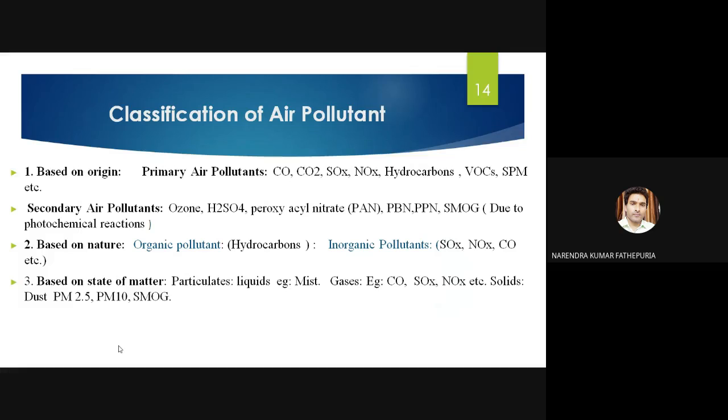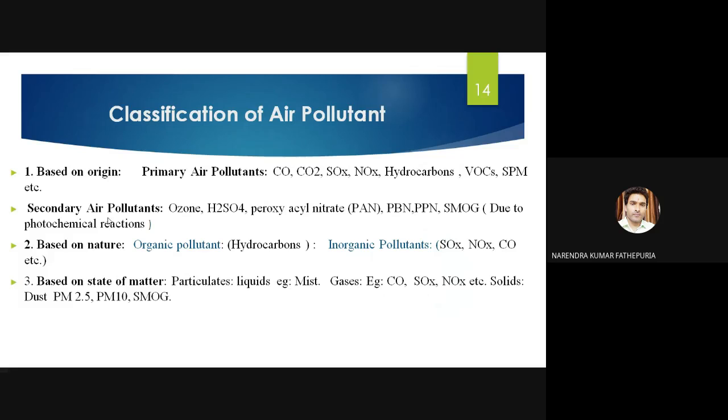Now, based on the origin, we have primary air pollutants as well as secondary air pollutants. This is very important. Primary air pollutants are released directly from the source, like carbon monoxide, carbon dioxide, various SOx, NOx, nitrogen dioxide, and various hydrocarbons, from unburnt combustion in fossil fuel based internal combustion engines.